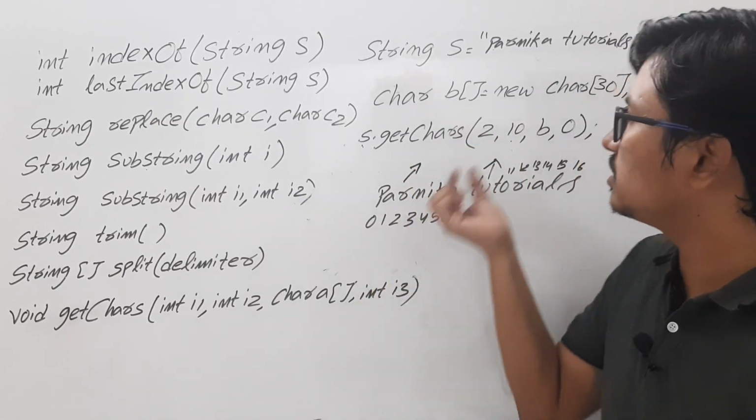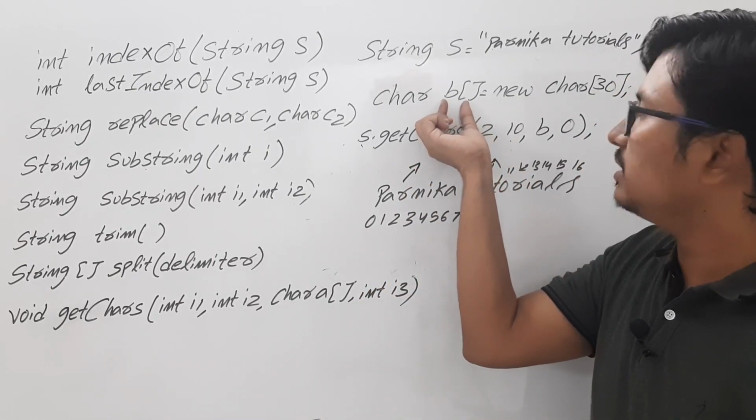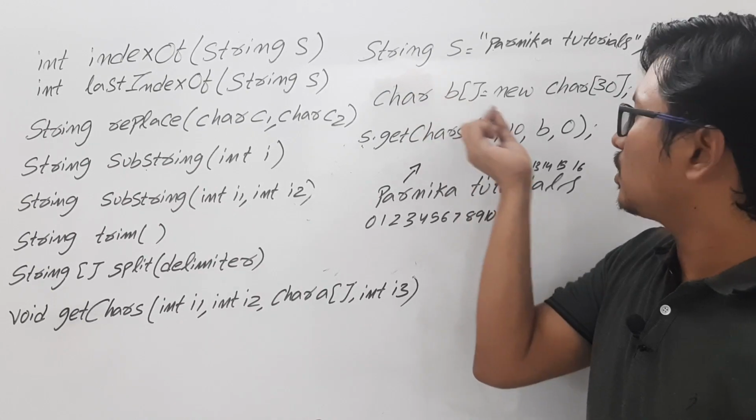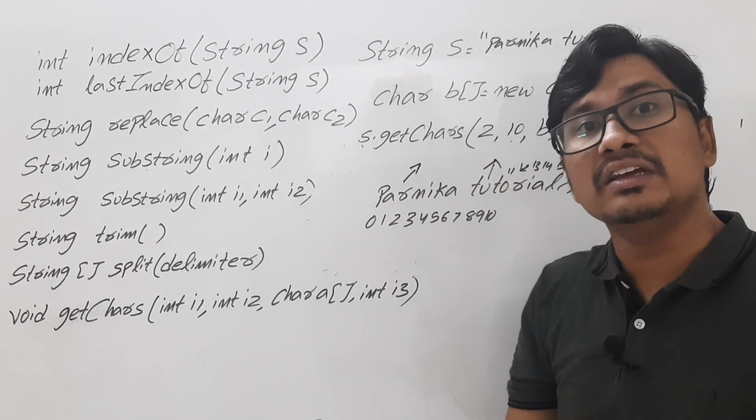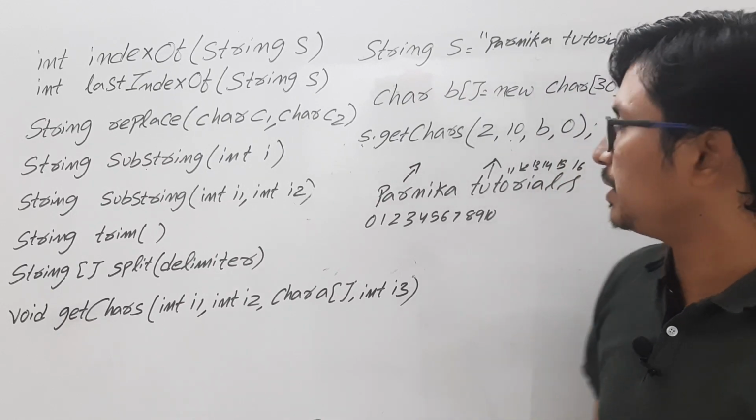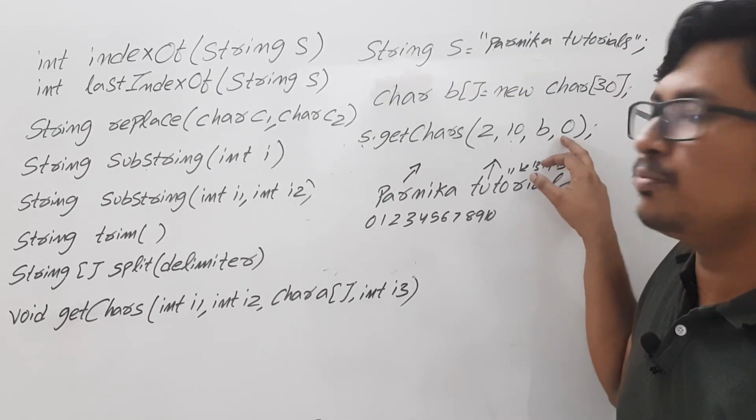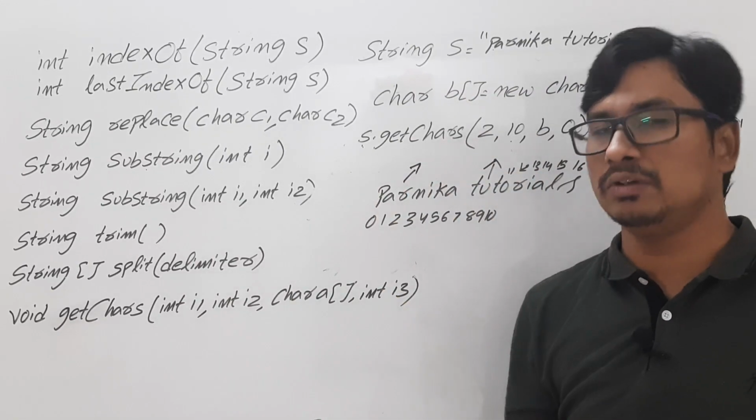Whatever that substring is, you are copying it into the character array b, and in that array, the last argument says from which index you want to copy. Here it is from the 0th index. If you provide the 10th index, it will be copied from the 10th index.